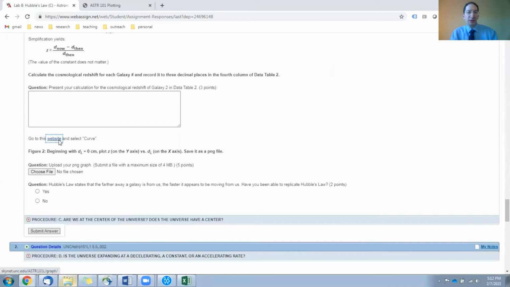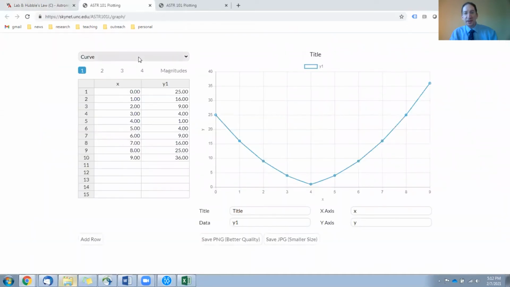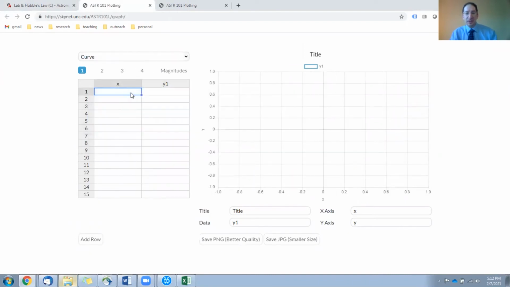So we go back to the graphing website, and we'll again use the simple curve option, clear out the fake data, and starting with the 0, 0 point, you'll enter 4 more sets of values. On the x-axis, we have luminosity distance, measured in centimeters. The y-axis, we have the redshift, which is dimensionless.